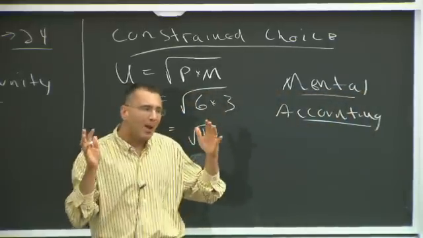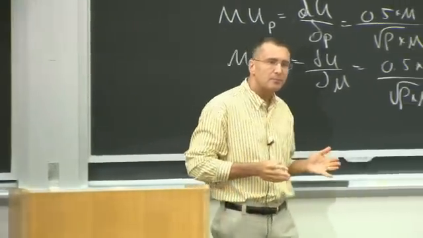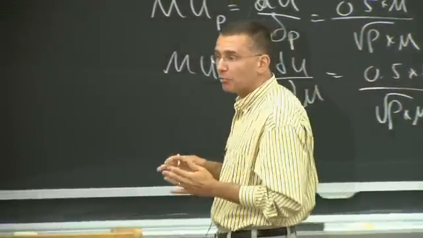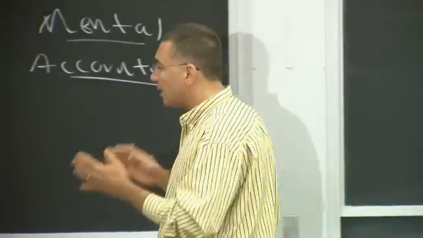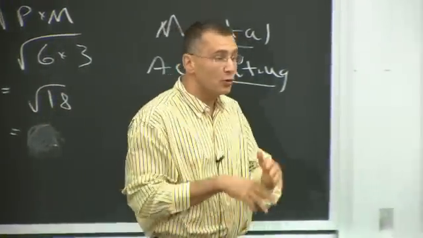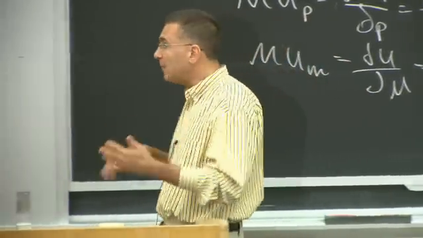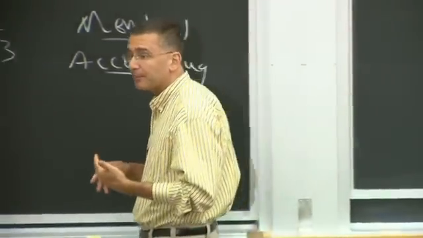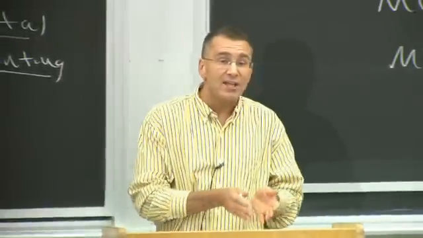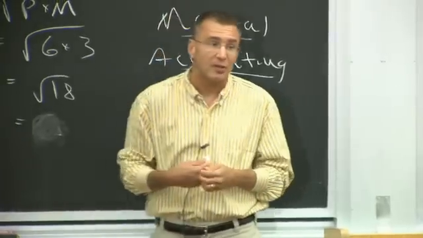I take my budget and mentally put it in different buckets. And within each of those buckets, you can then do the same kind of optimization problem that we've done here. So even though in reality we choose across a whole host of goods, in practice people will do this kind of mental accounting, where they divide their goods into different buckets and optimize within each of those buckets.